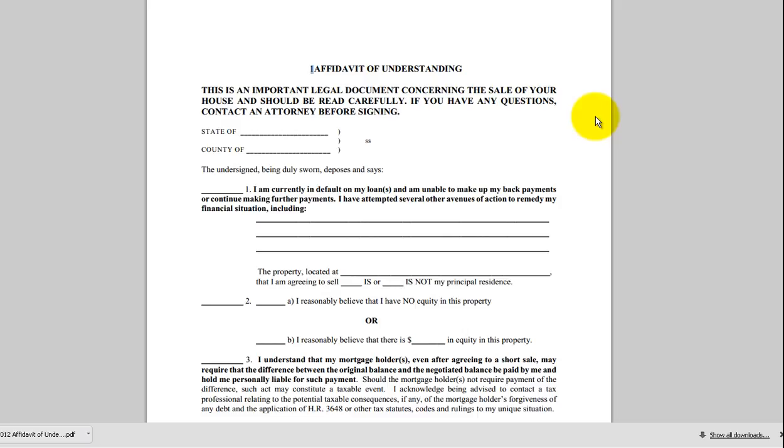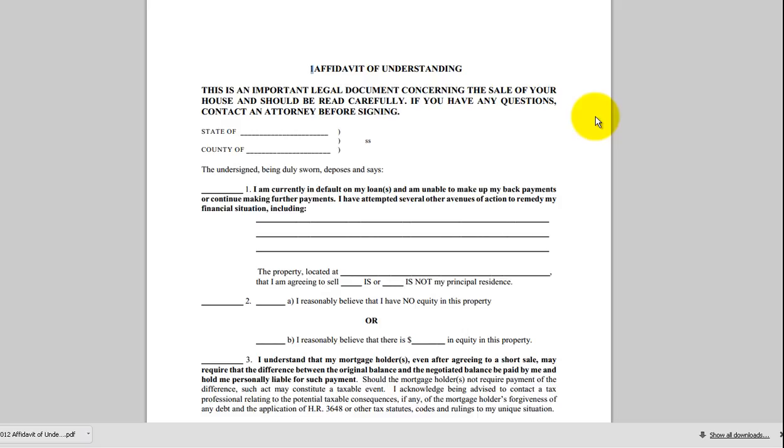They're going to give us the property address, and they're going to state if this is or is not their principal residence. And they initial that they reasonably believe they do not have any equity in the property.